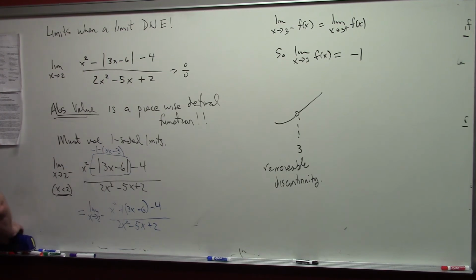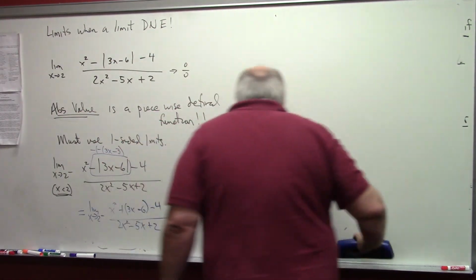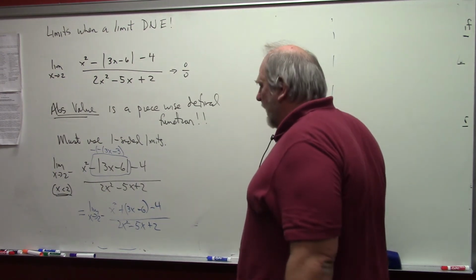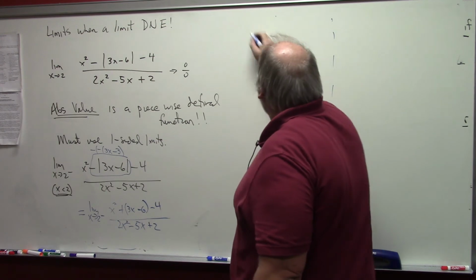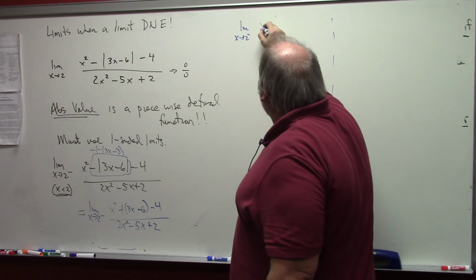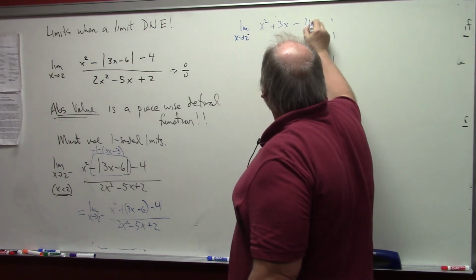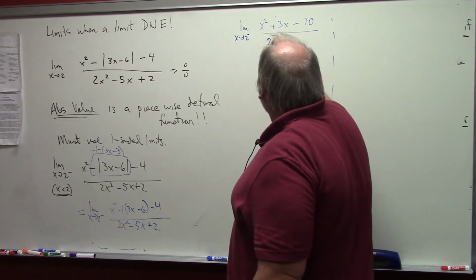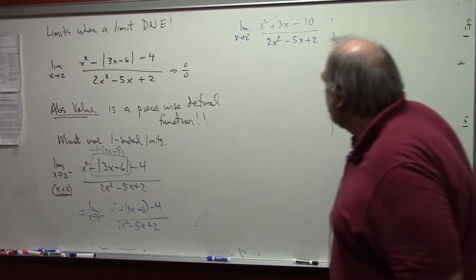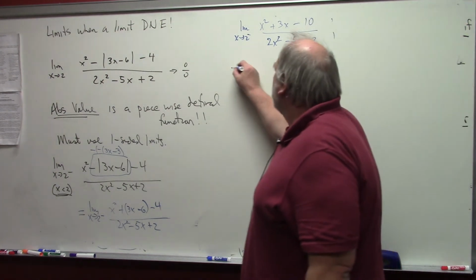And so I'm going to kind of do this in two columns. That means continuing on up here, I get then the limit as x approaches 2 from the left of x squared plus 3x minus 10 over 2x squared minus 5x plus 2. It's still indeterminate. Still a 0 over 0 form, and so we can go ahead and factor.